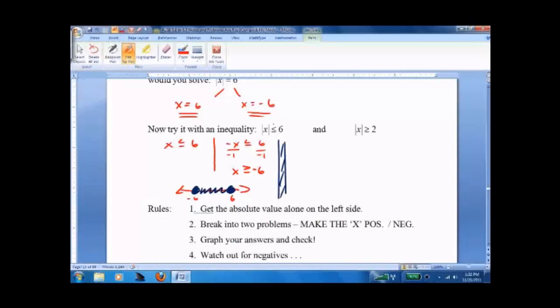Now, whenever you have a less than, and it could be equals, or less than and equal, you're going to have an answer that looks like this at the bottom.